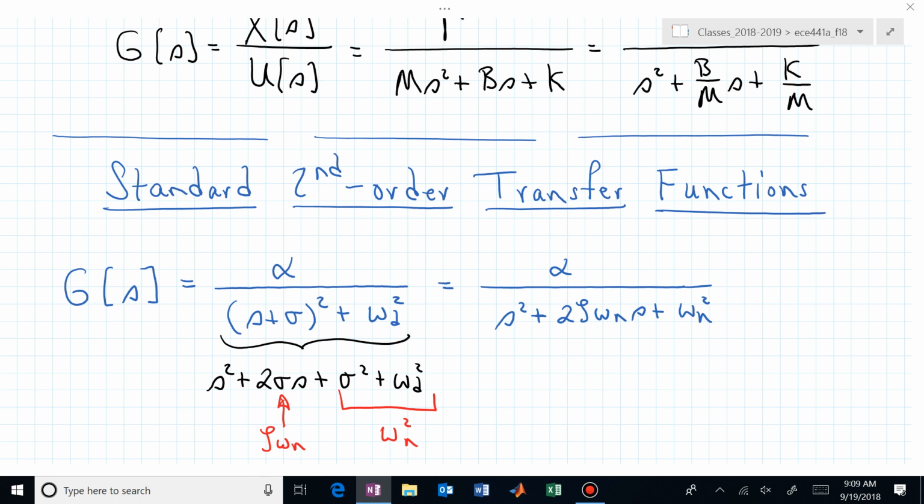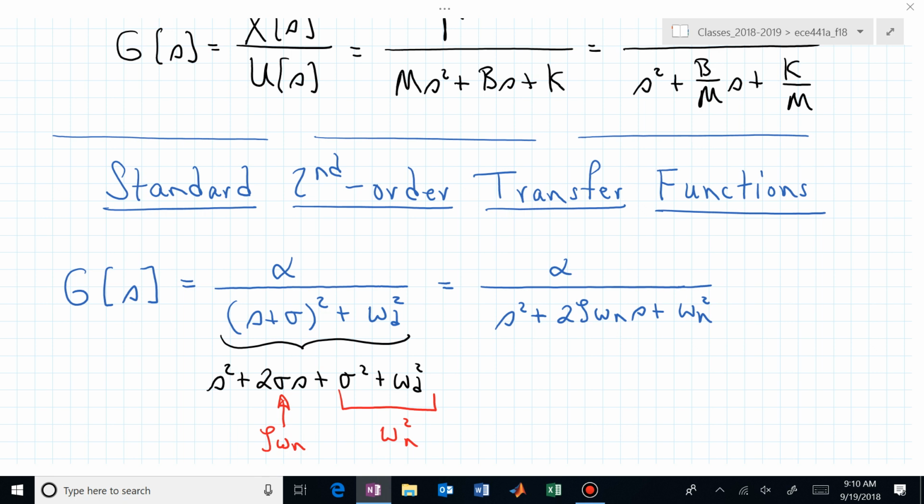They're to the left of the imaginary axis, a distance of minus sigma in real horizontal space, and in the vertical direction, or the imaginary component, they are a distance omega sub d away from the real axis. And I have two, and they're complex conjugate pole pairs because I have real coefficients in the denominator polynomial.